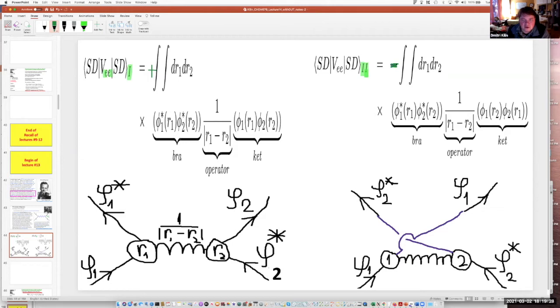If you are tracking carefully what we are doing, you can see how these two equations are derived. Before, we had a matrix element with brackets, two terms in the first bracket, two terms in the second bracket, Coulomb in between, and then we are opening the brackets.